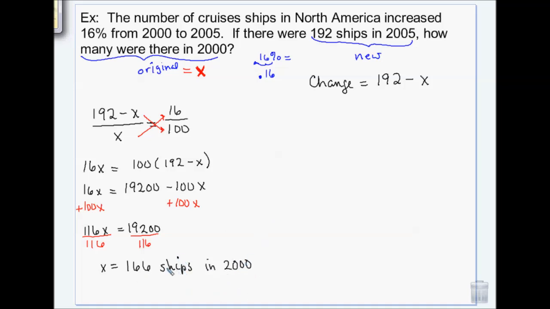So, no half ships. We round it to the nearest whole ship, which was 166.